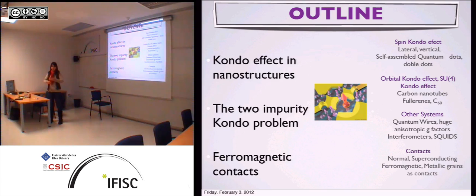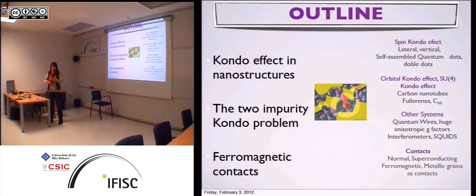So this has been observed in experiments, and this is what is called the zero bias anomaly, or the dI/dV, which is the differential conductance of the dot. You see this is the dI/dV versus the drain-source bias voltage, and you see a peak, a very high peak.